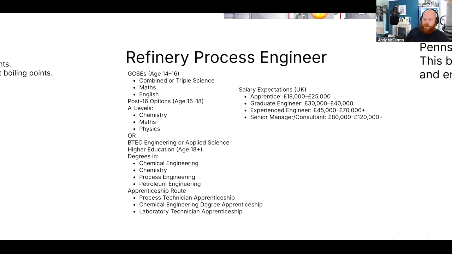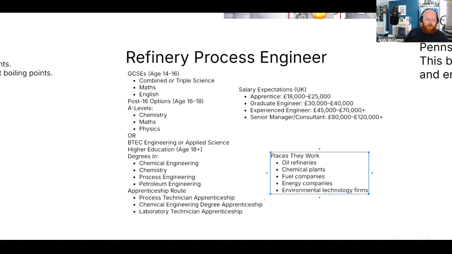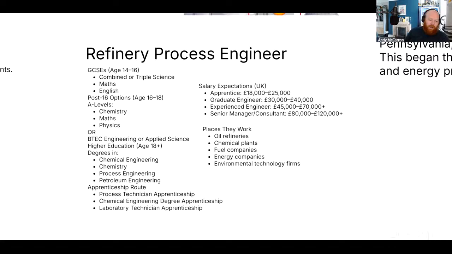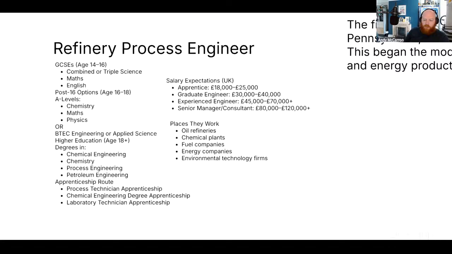You could work in oil refineries, chemical plants, fuel companies, energy companies, and environmental technology firms. You would need to be able to problem solve, and have some maths skills, science understanding, teamwork skills, safety awareness, and attention to detail.